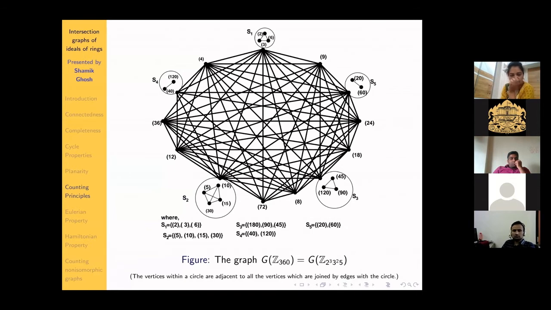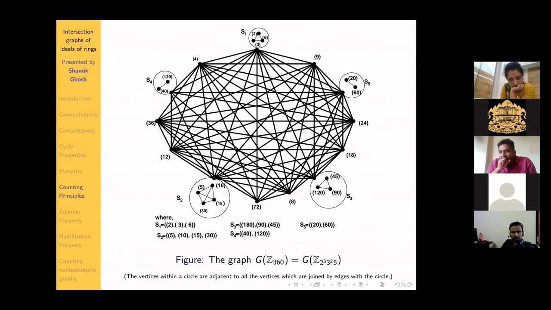For example, the third from the rightmost is over the top, you see the point 2, 3, 6, so you have to count 3 in this way. In this way, you can count totally 18. And where is 6? 6 is at the top, and you see that it is adjacent to all the vertices excepting itself. So this is the graph of Z360.